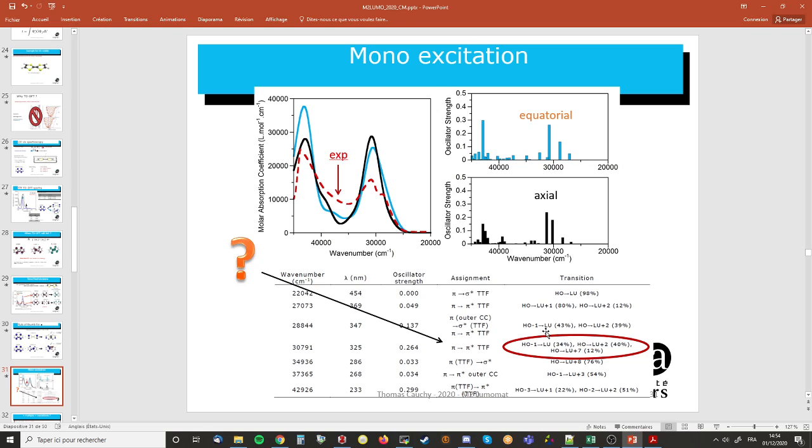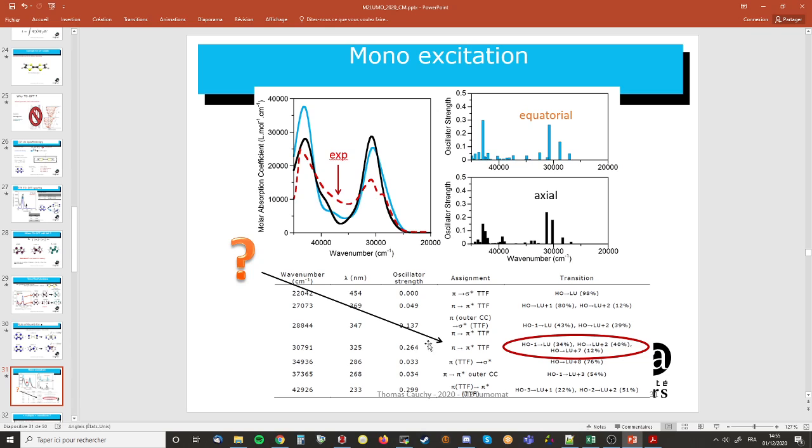Here, for the third band, you need to do a linear combination in the end of LUMO and LUMO plus 2. And to understand that in the starting part, when it moves, the others reorganize, and it is as if the starting electron came from 43% of HOMO minus 1 and 39% of HOMO. And you see that the sum of the two is not equal to 100, so that means that there is a minor contribution of other orbitals.